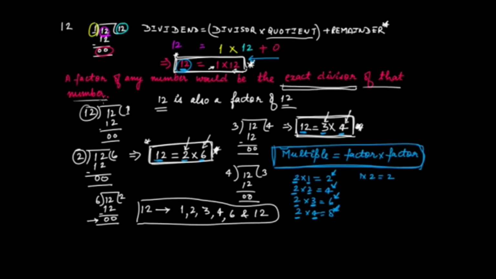And by exact divisor, we mean the one which always gives remainder 0. If you divide a number by another number and the remainder is 0, then that number is the exact divisor, and the exact divisor is called the factor of that number.